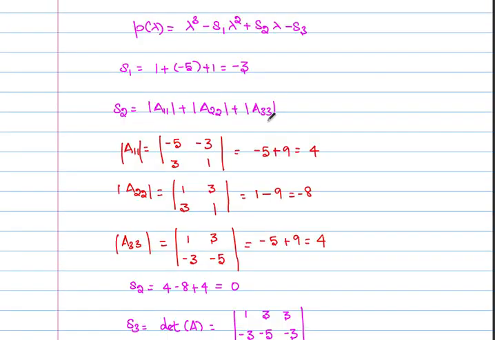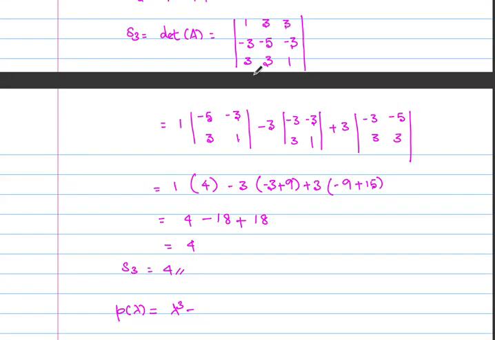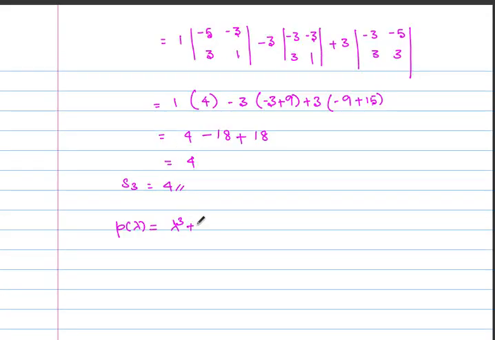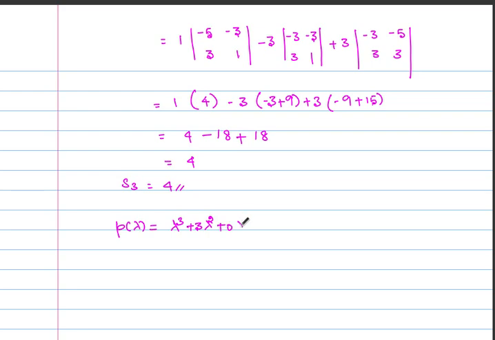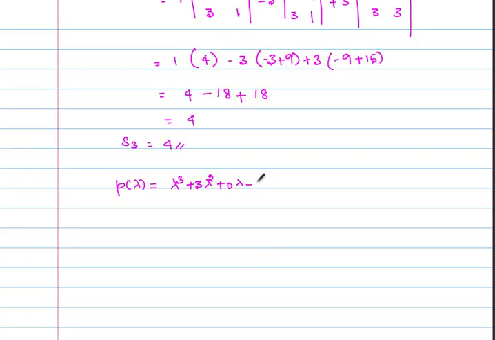S1 is minus 3, so plus 3 times lambda square, plus S2, and S2 is 0, so 0 times lambda, minus S3, which is 4. That is our characteristic polynomial.